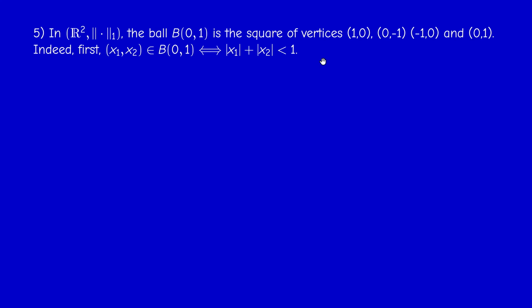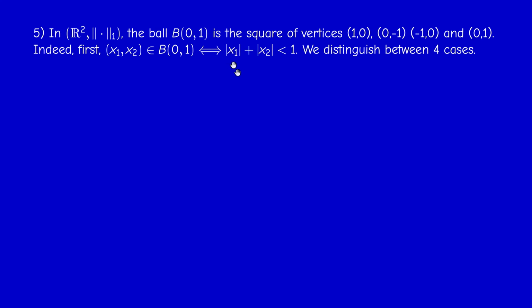Now let us try to understand what this is geometrically. In order to understand it, we have to distinguish between 4 cases because we have absolute values here. If we want to remove the absolute values, we distinguish between the case x1 non-negative and x2 non-negative, one of them negative, both non-positive.